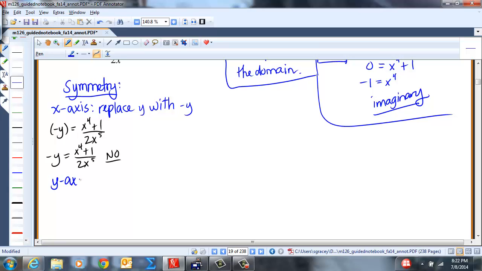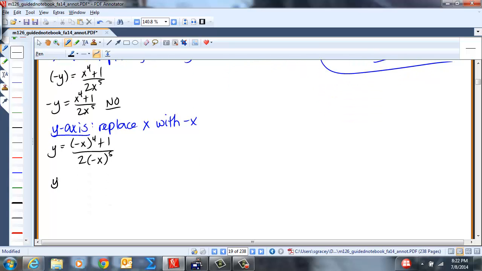Y-axis, we replace x with negative x and see if we get the same thing. So y would be negative x to the fourth plus 1 over 2 times negative x to the fifth. So this would give us positive x to the fourth plus 1 over negative 2x to the fifth, which is not the same.